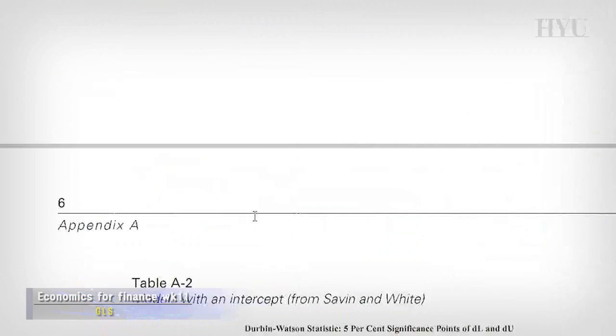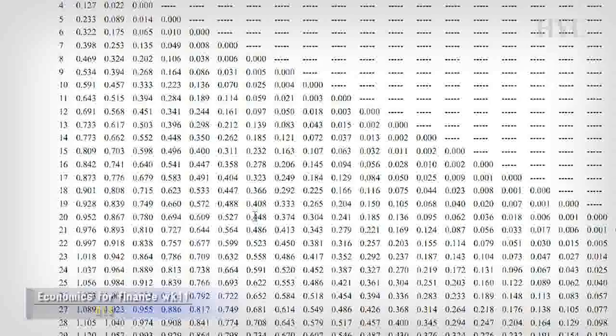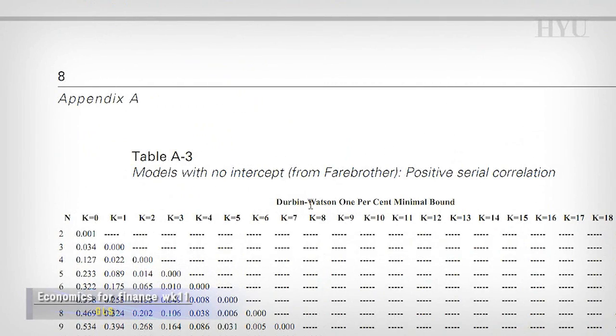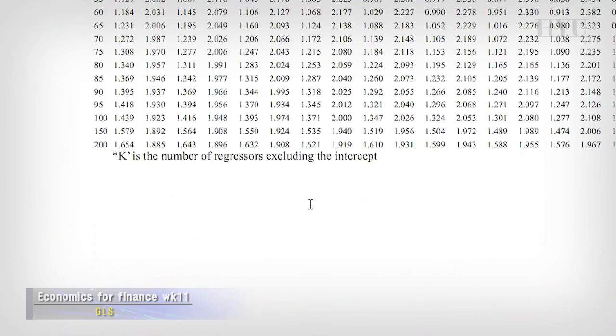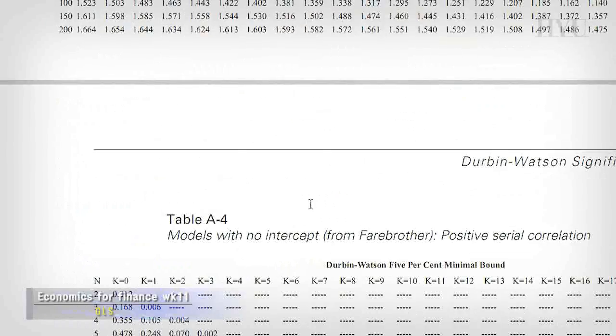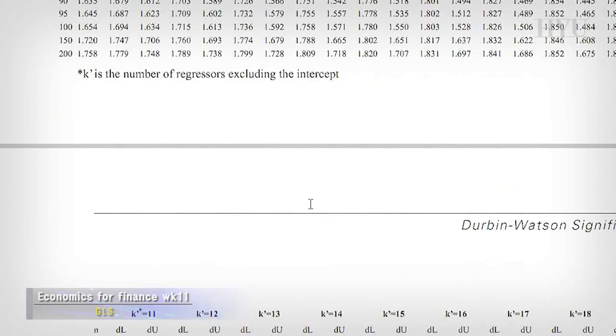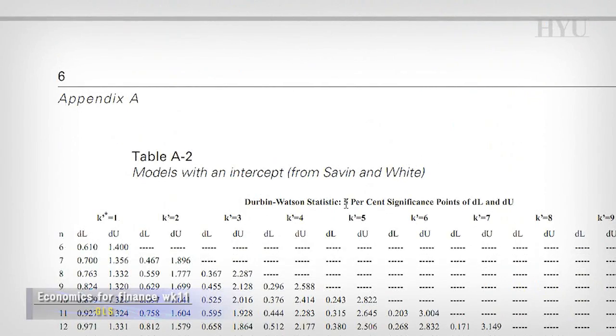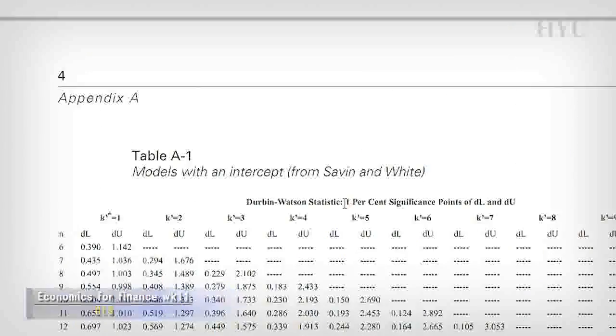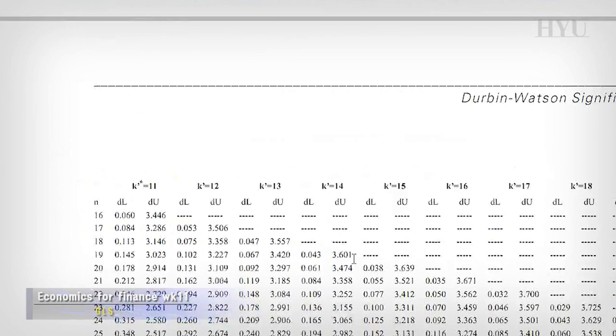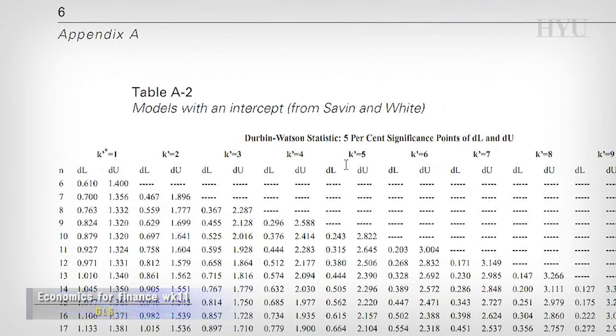And if we want to use 95%, then we have to use the 95% table. Table 2, table 1. So this is 95% and this is 99%.